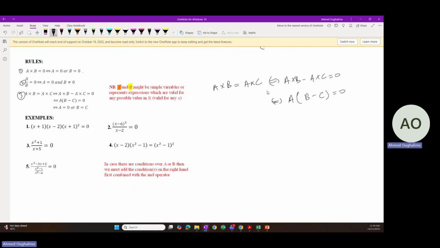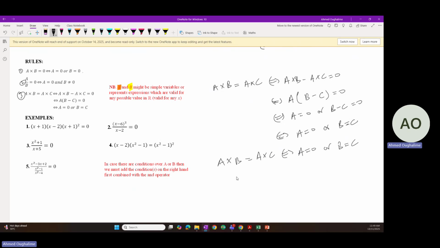I apply the first property again and get A equal to 0 or B minus C equal to 0. Then either A equals 0 or B equals C. So I can write my property now: A times B equals A times C comes to say A equal to 0 or B equal to C.